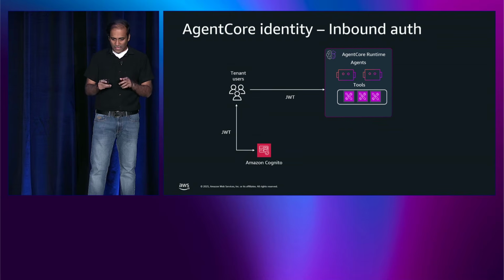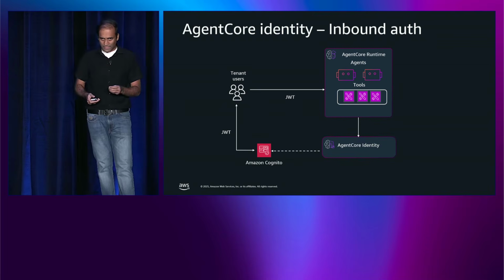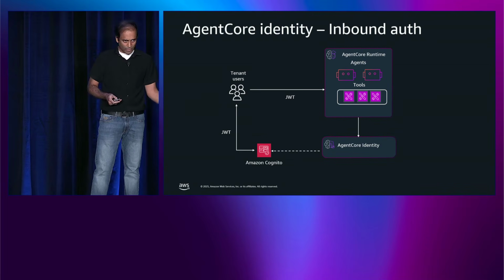In here, I am just using AgentCore runtime and deploying the agent code and also the tools code here. So now the AgentCore runtime has to authorize that particular JWT token coming from a particular user invocation. For that, you could leverage AgentCore identity, where you could configure your AgentCore runtime with the AgentCore identity, and also you could configure the AgentCore identity with your identity provider.